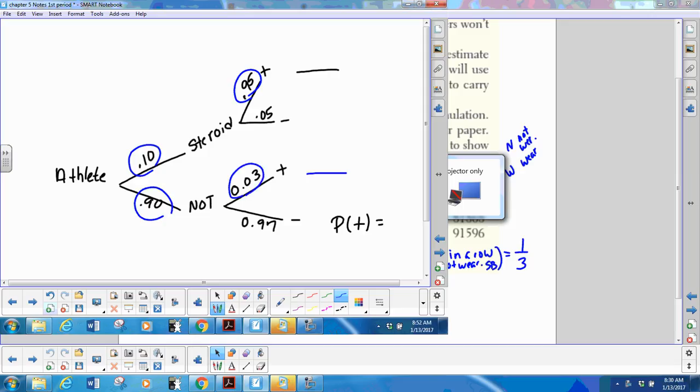So 0.095, 0.027, and if you add those together, you get 0.122. Multiply this way.